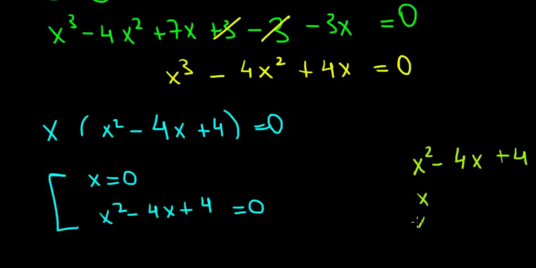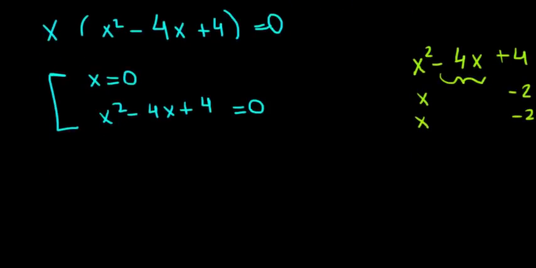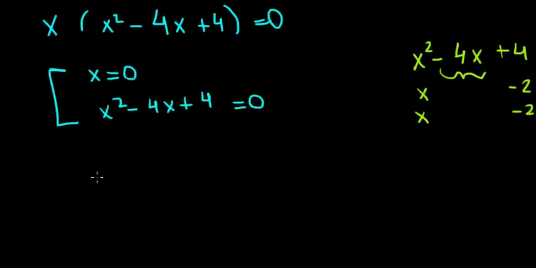If we take x and x, what terms can we have that when we multiply we get 4, and when we add we get minus 4x? Well, if we try minus 2 and minus 2, minus 2 times minus 2 equals positive 4, so that works. And if we add minus 2x and another minus 2x, that gives us minus 4x, which is the middle term, so that works out, which means that x squared minus 4x plus 4 is equal to x minus 2 times x minus 2 equals 0.